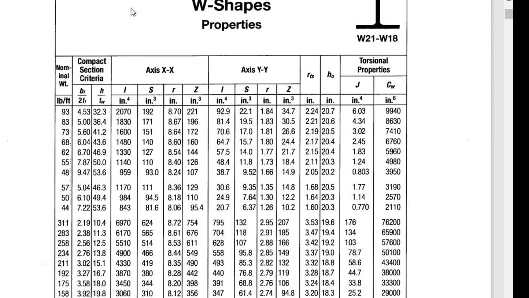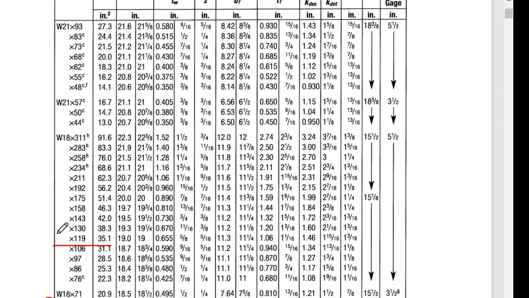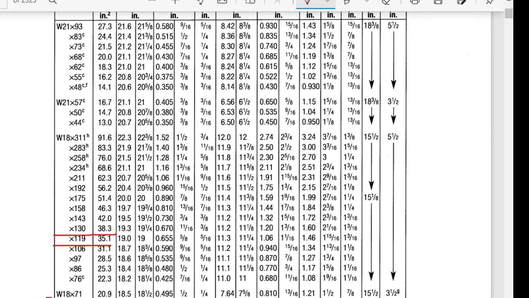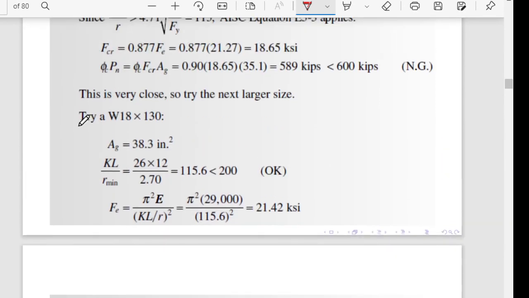We try this W18 by 130, with gross area according to the table of 38.2 inch square.